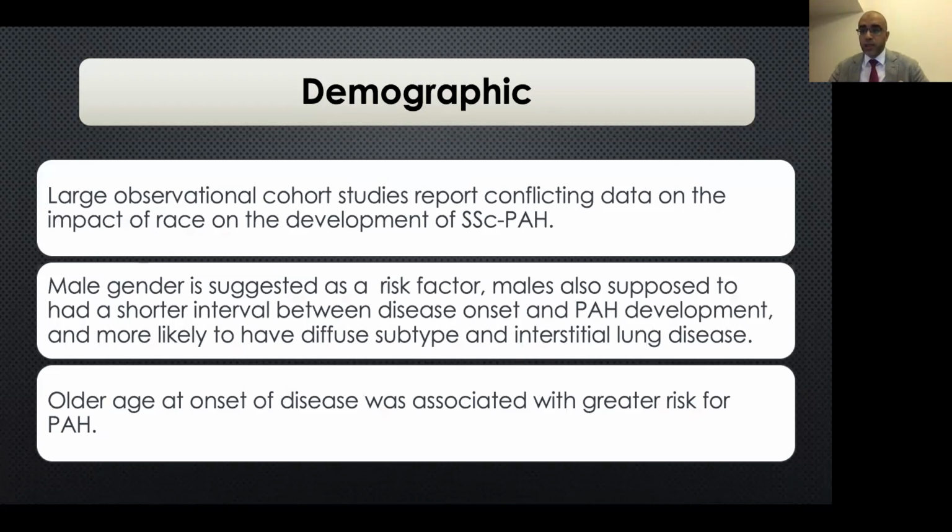Males are supposed to have a shorter interval between the development of the disease and pulmonary hypertension, and usually develop a diffuse type of scleroderma and interstitial lung disease. Also, older age at onset of the connective tissue disease or scleroderma is associated with a greater risk of development of pulmonary artery hypertension.